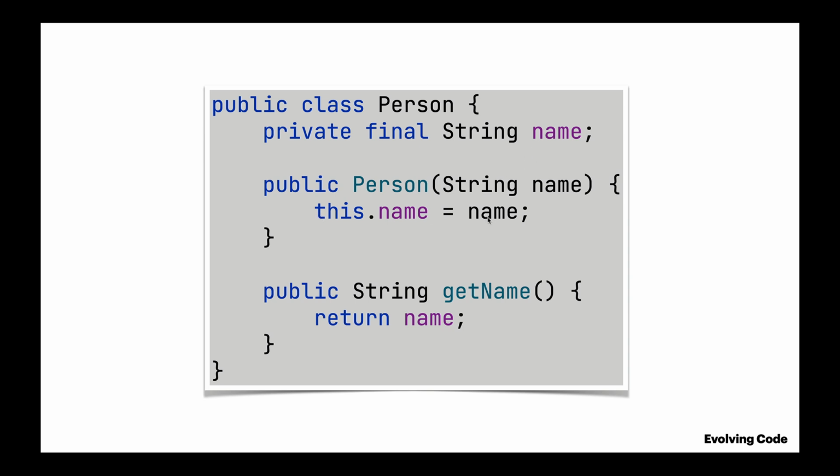And this name refers to the argument to the constructor. Is there anything wrong? The feedback I received is that this dot name will be slightly slow in performance.